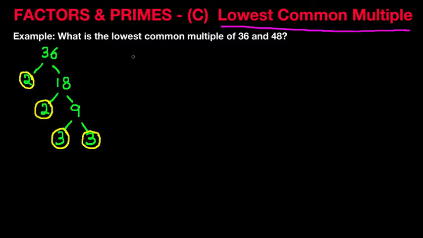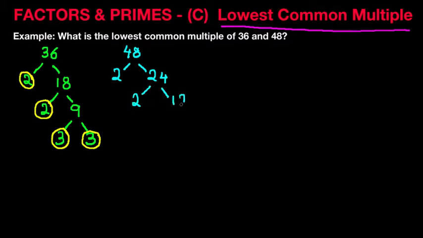Okay, we're just going to change colors and move on to number 48. The 48 is an even number, so we can divide it by 2. So using the factor tree, we have 2 times 24 gives us 48. Now number 24 is also an even number, so we're going to divide this by 2.